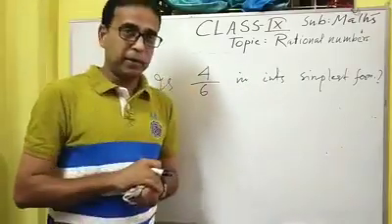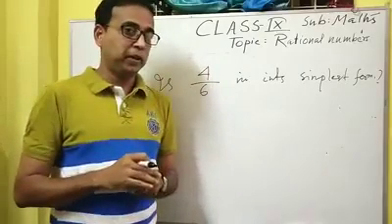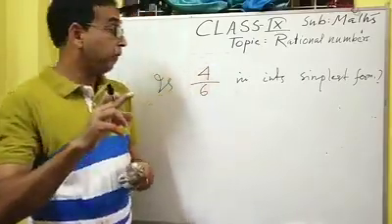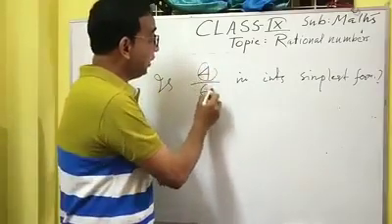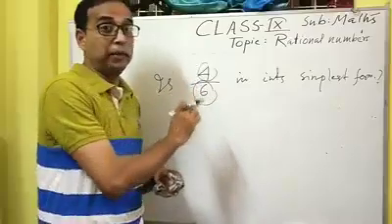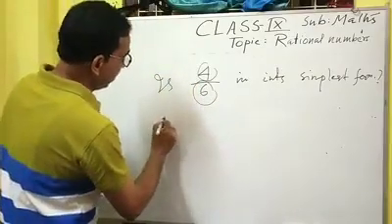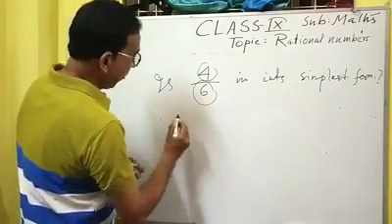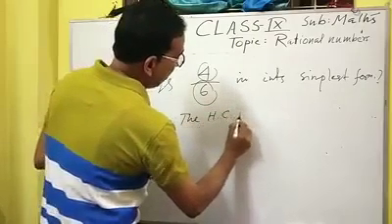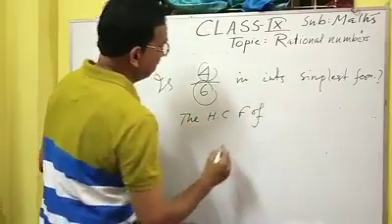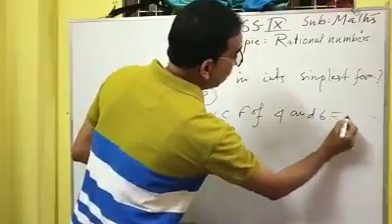To check it, at first you have to find out the HCF of the numerator and denominator of the rational number. So, the HCF of 4 and 6 is equal to 2.